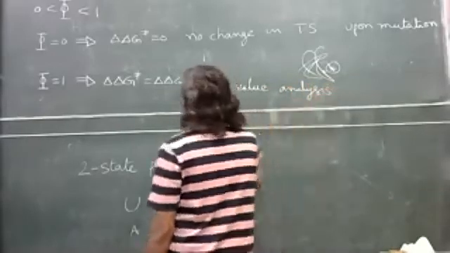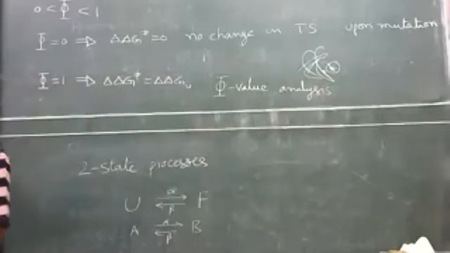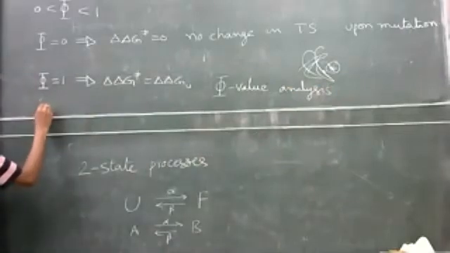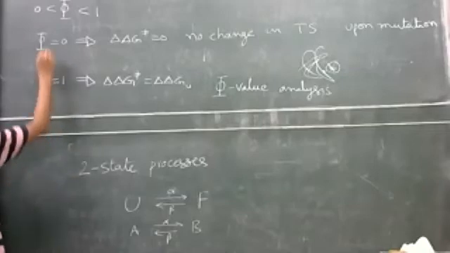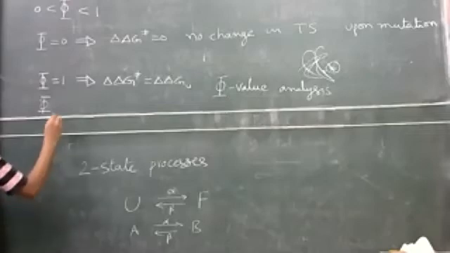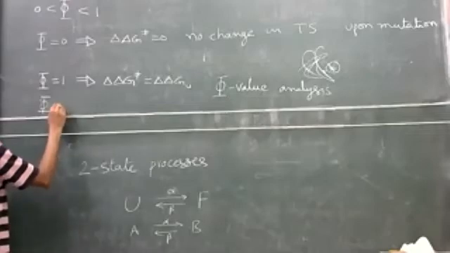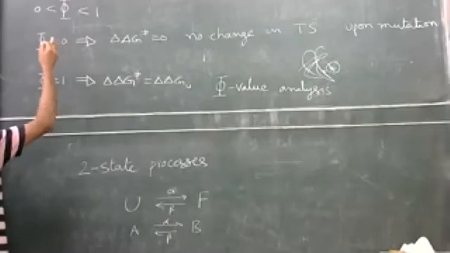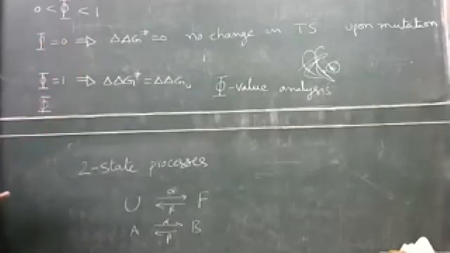Okay, but these are the extreme cases, and people have actually found phi values in between as well. Like I mentioned, it can in principle be 0 and 1, right? So they can vary all the way from 0 to 1, it could be 0.1, 0.2, 0.3, 0.7, 0.8.